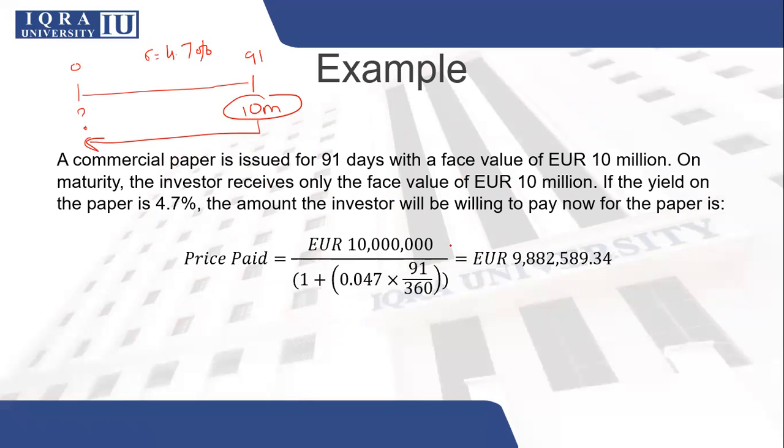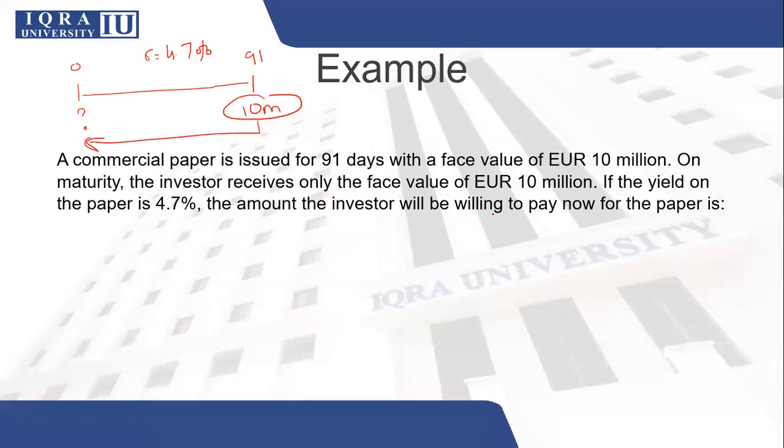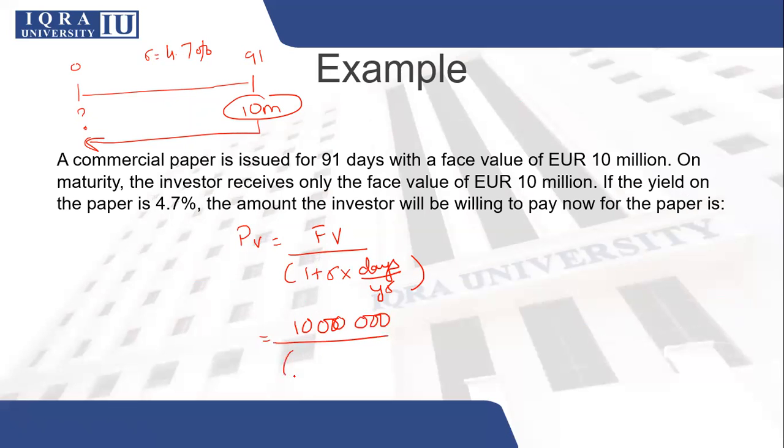So let's use the formula. Okay, first I'll just write the formula for you. So the future value is 10 million. The rate is 4.7%, so 0.047. 91 days, and it is EUR.